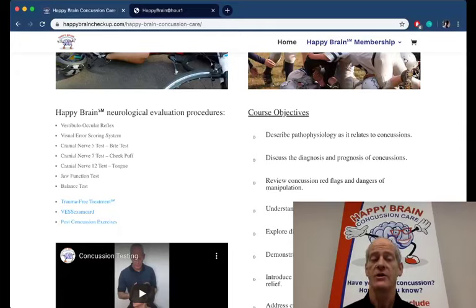We have the person take their head, they're looking at a target straight ahead of them, then they're going to rotate their head left and right, 1 rotation per second. It looks like this. 1, 2, 3, 4, stop. Focus.